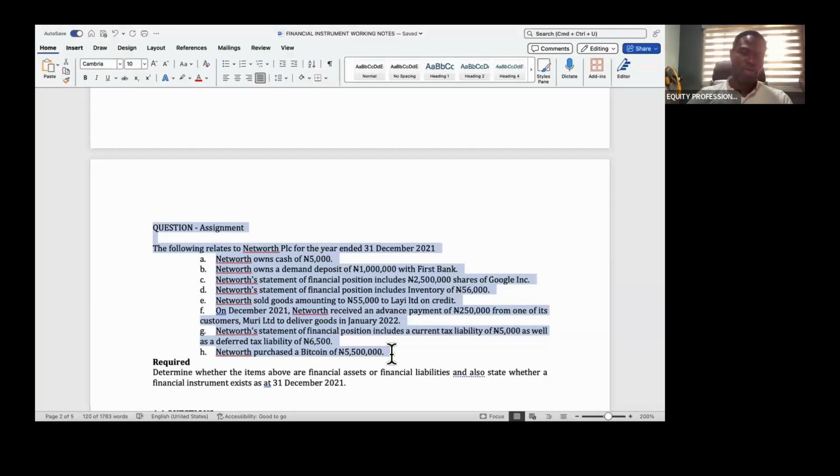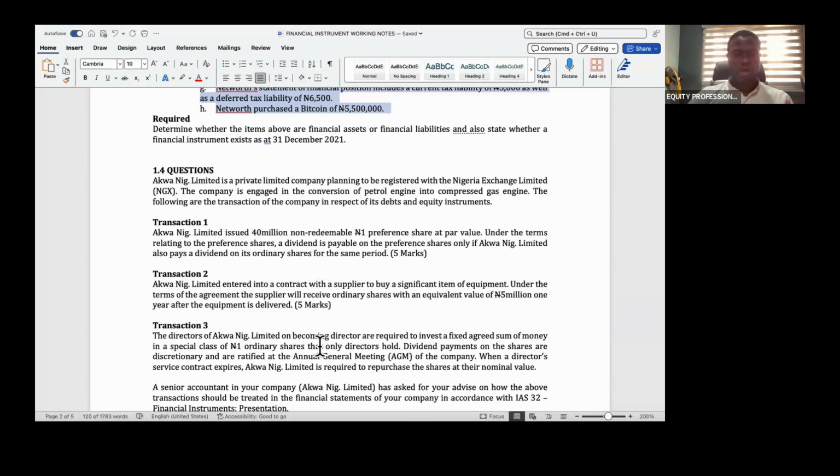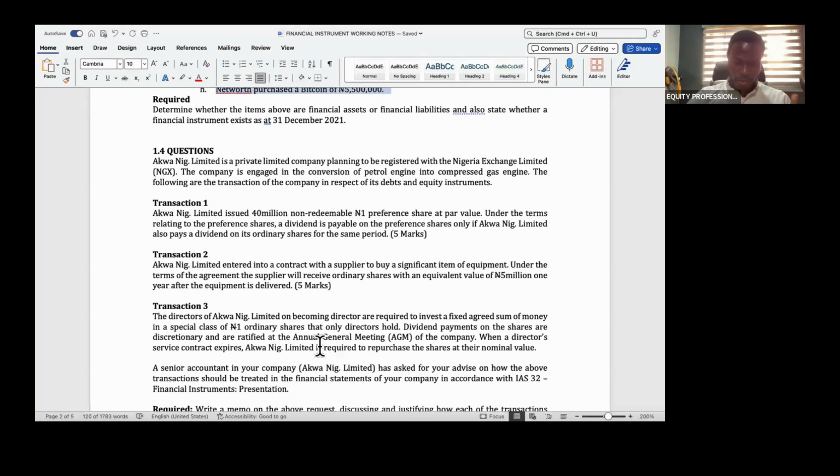This question was a more technical question because a past question, and this helped us in understanding how to classify the instrument the issuer has issued, how to classify it into whether it's a financial liability or an equity instrument.